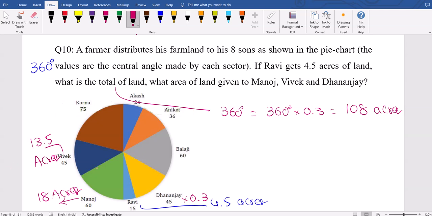Dhananjay and Vivek both get the same, so Dhananjay also 13.5 acres. So we got the logic: it's multiplied by 0.3 because of Ravi. Ravi's angle is 15 degrees, related to 4.5. 45 means multiplied by 3, 4.5 means multiplied by 0.3. So everything you multiply with 0.3, then it will be simple.